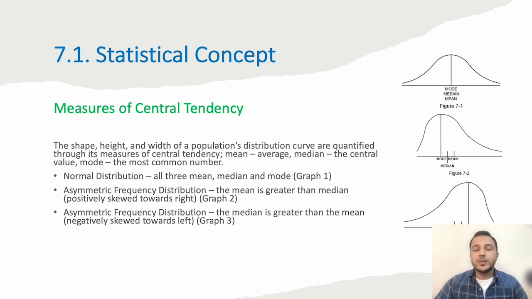What is mean? Mean is basically an average, which means you just take the average of the entire data set, and that might come as 6. Then median is the center number. Whenever we have to identify a median in a population, we arrange the entire population in ascending or descending order, and then we pick the center number.